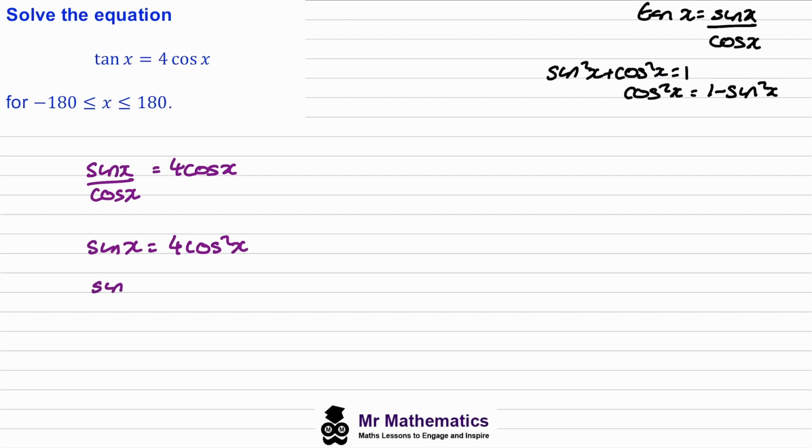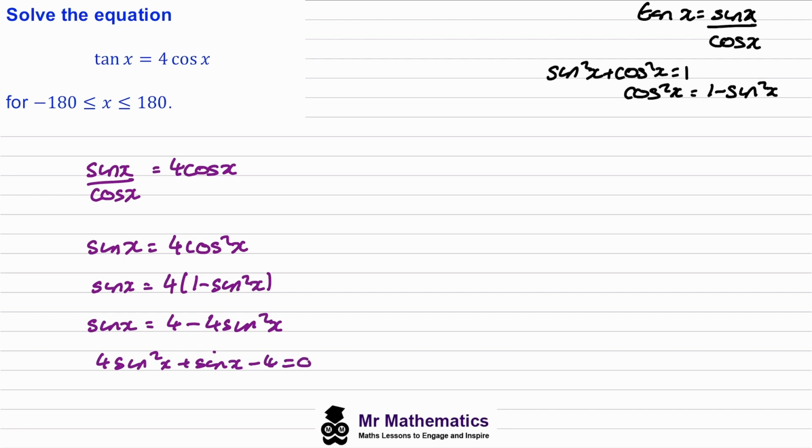So sin x will equal 4 lots of 1 minus sin squared x. We'll multiply out these brackets. So sin x will equal 4 minus 4 sin squared x. And then we'll make this equal 0. So we get 4 sin squared x plus the sin x minus the 4 will equal 0.